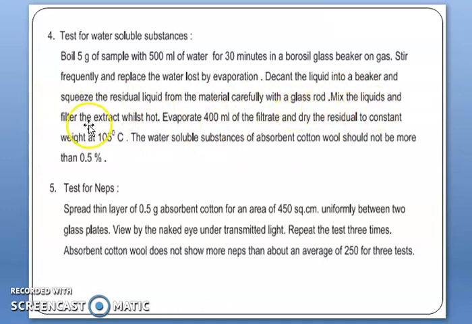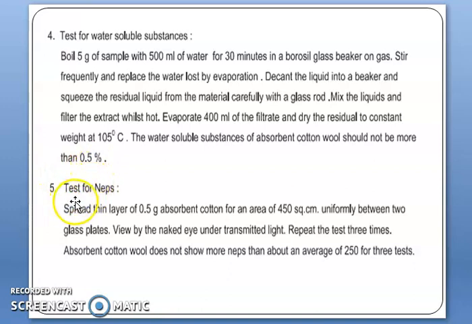Mix the liquid and filter the extract while hot. Evaporate 400 ml of filtrate and dry the residue to constant weight at 105 degrees Celsius. The water soluble substance of absorbent cotton wool should not be more than 0.5%.